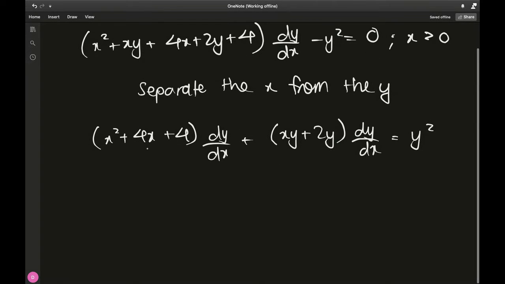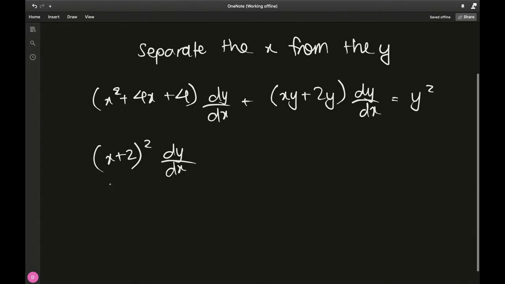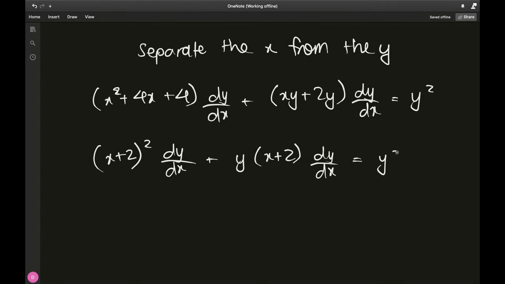Notice this bracket x squared plus 4x plus 4 is actually x plus 2, but the whole thing squared, times dy over dx, because if you expand this, you'll have x squared plus 2 times 2x, which is 4x, plus 2 squared, which is 4, which is exactly what we have on top. Plus, taking a y common, you have x plus 2 times dy over dx being equal to y squared.